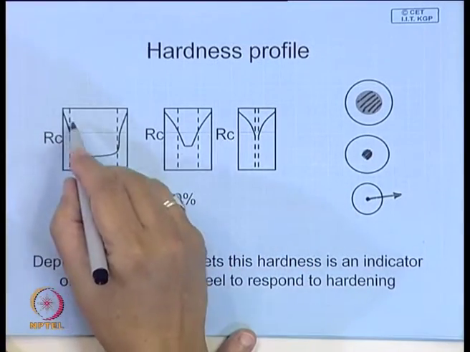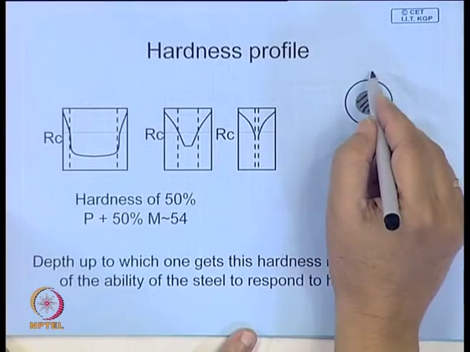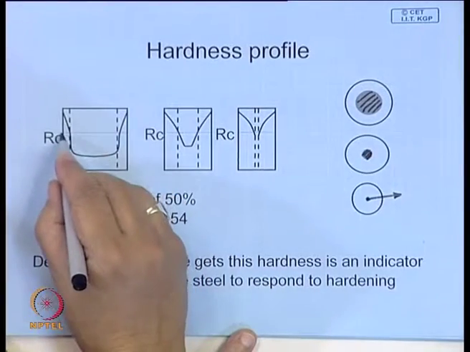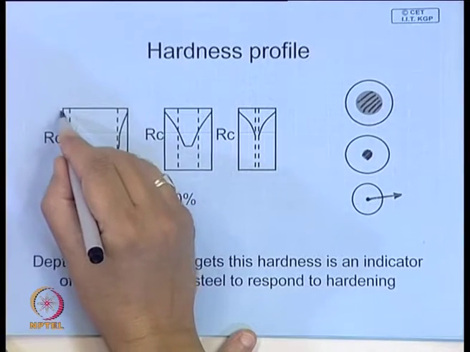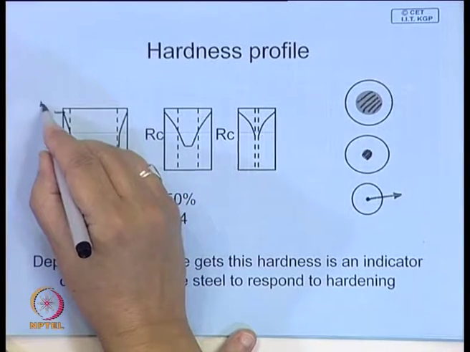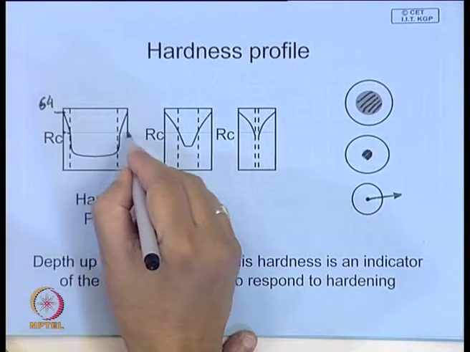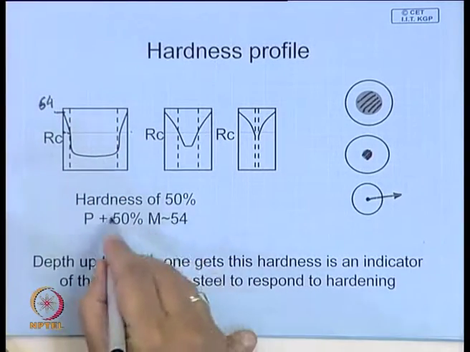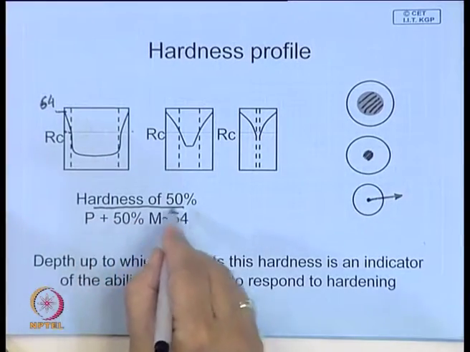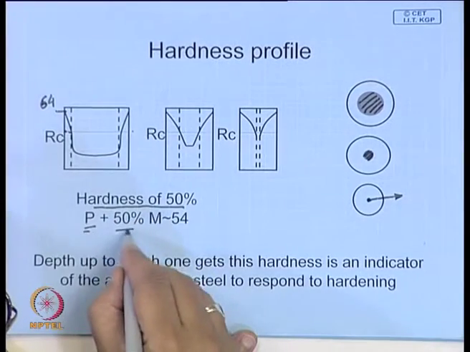So, the best way to think about it is, when you take a section, you can measure the hardness from this end to that end. This is the hardness profile. Let us say the hardness is 64 at the surface, and 50% martensite, 50% pearlite mixture has this hardness.